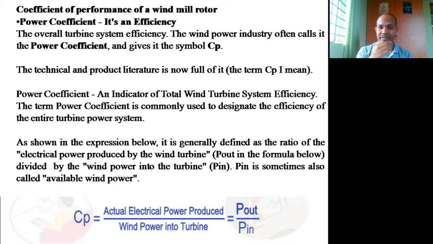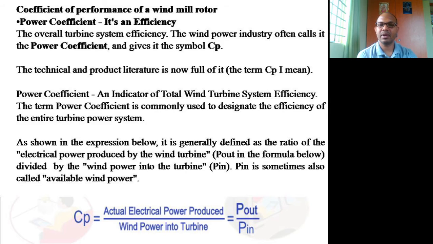In that context, if I want to study how this performance varies, how we can generate this and study the power coefficient of performance, let us talk about the power coefficient, or efficiency. The overall turbine system efficiency is often called by the wind power industry the power coefficient, given by Cp.